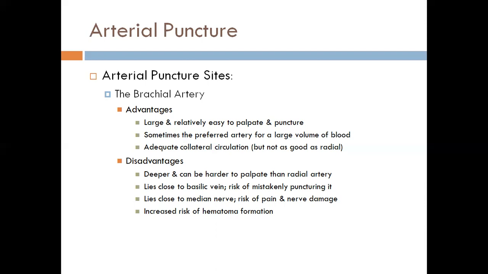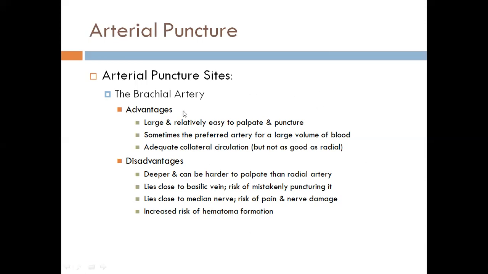Pero pagka nakapanyo naman na yung basilic vein ni patient, yung katabi nun na may pulse, that's actually your brachial artery. Kaya nga, di ba, third choice natin si basilic vein. Since it's near the brachial artery and at the same time, okay, there are nerves present on that side, so it's not commonly used. Okay?